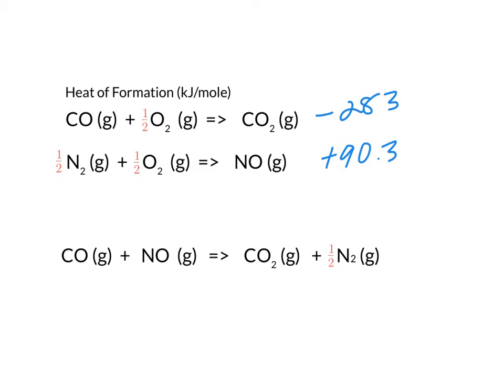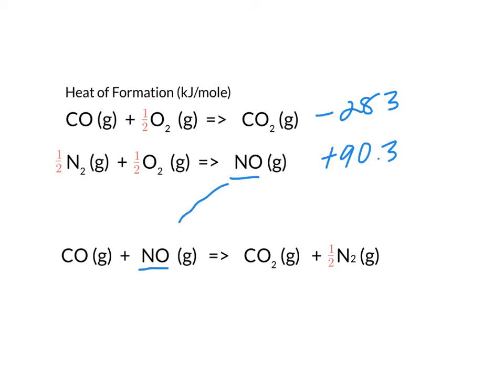So what do I need to do? I need to take a look at my products and my reactants, and I see that in the previous problem that I did, I have nitrogen monoxide, but it's a product. Over here in the much longer reaction, I see it's on the reactant side.